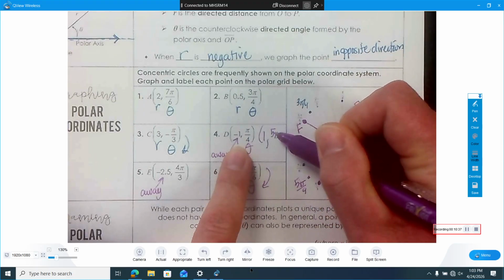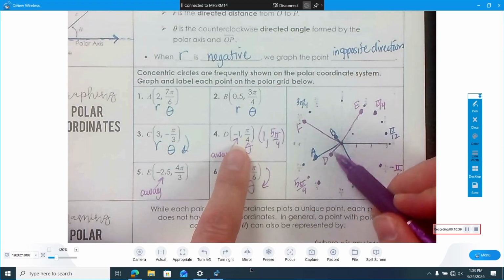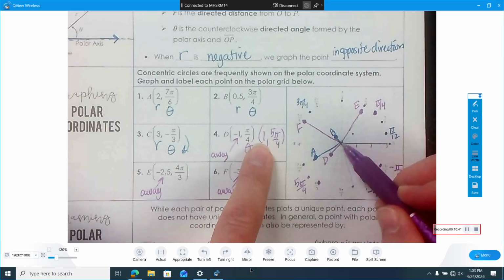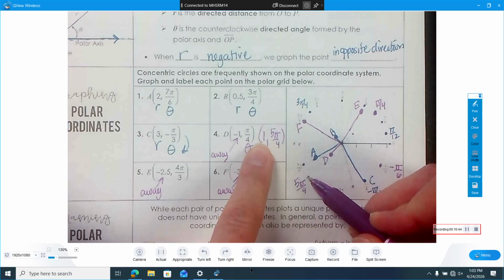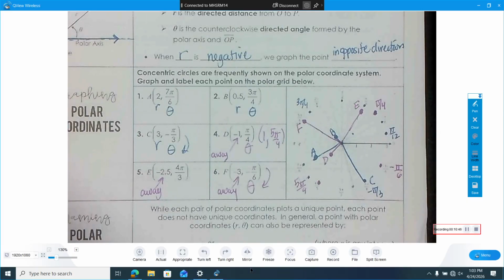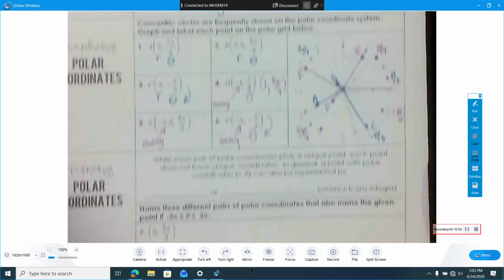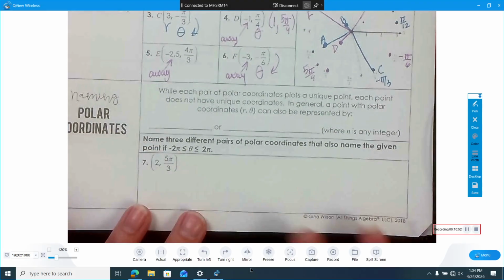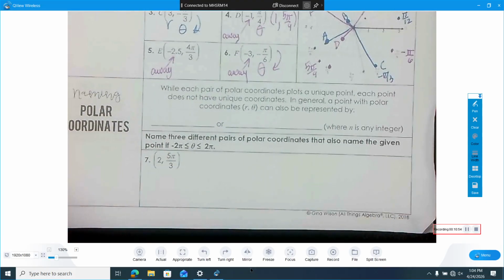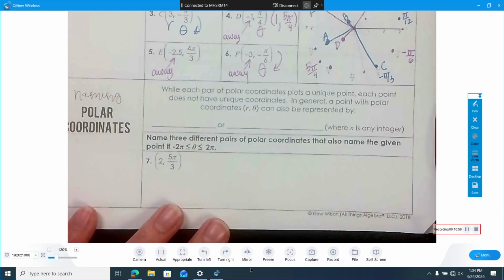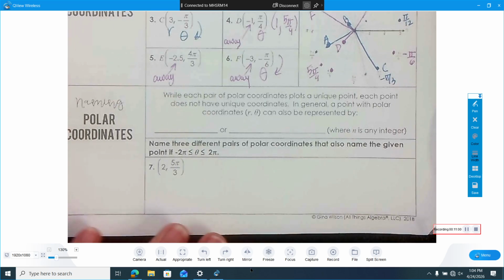Yeah, 1, 5 pi over 4. So if the R was positive, it went towards 5 pi over 4. So every point can be named in multiple ways. So I want to look here at number 7. We want to name 3 different ordered pairs, but actually there's 4 every single time.